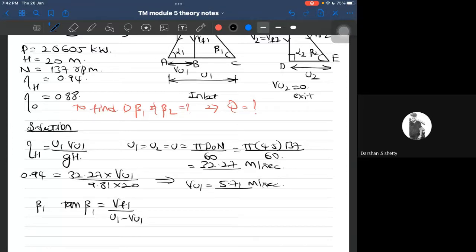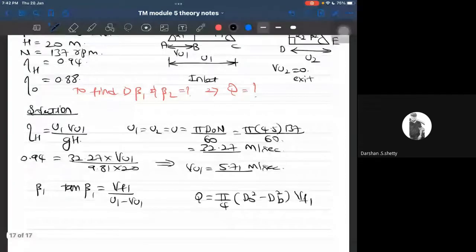You cannot calculate it. If VF1 has to be calculated, as in the previous problem, you were using pi by 4 into d naught square minus dB square into VF1, if Q was given. Here Q is also not given. So in such cases, he has given one more beautiful parameter, which is overall efficiency.